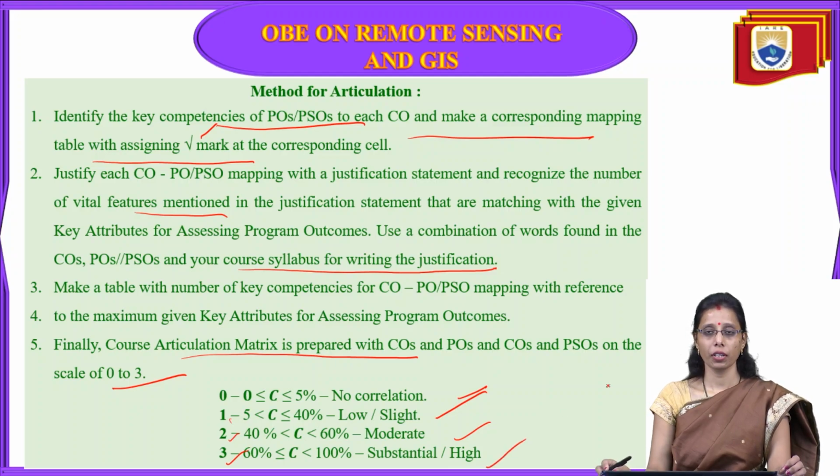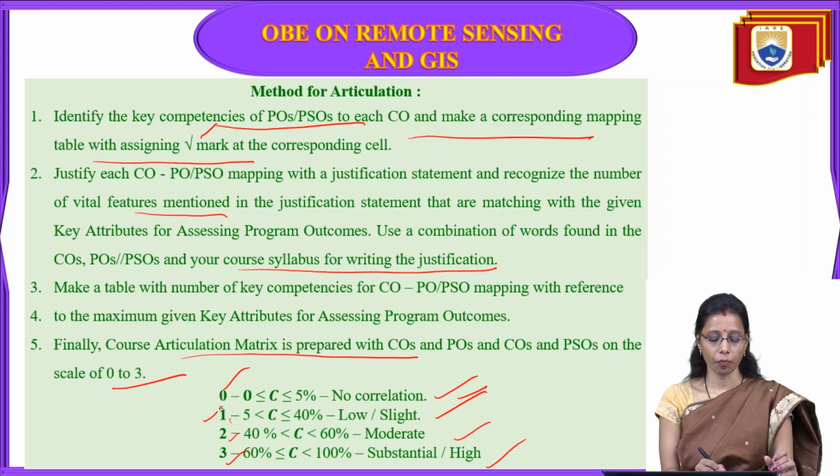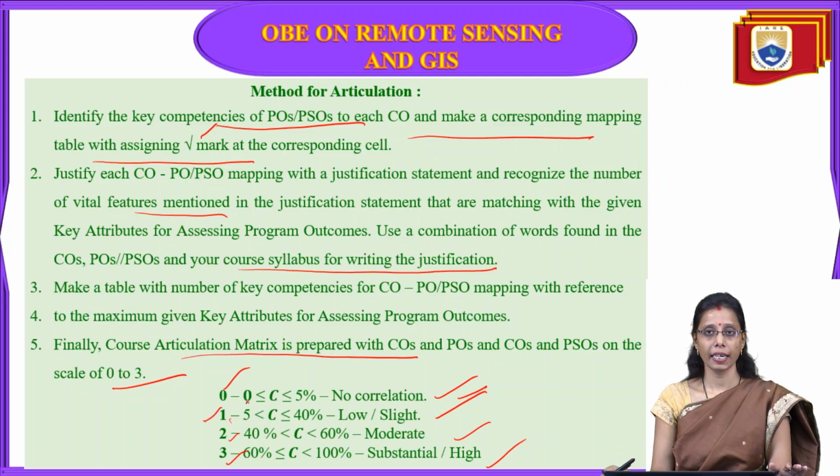So wherever you are mapping, if it is given 0, there is no correlation to that particular course outcome or the particular PSO, that is program specific outcomes. Whereas where it is given as 1, it means it is slightly correlated, that is low and slight. 2 is moderate, and 3 is substantial or high.